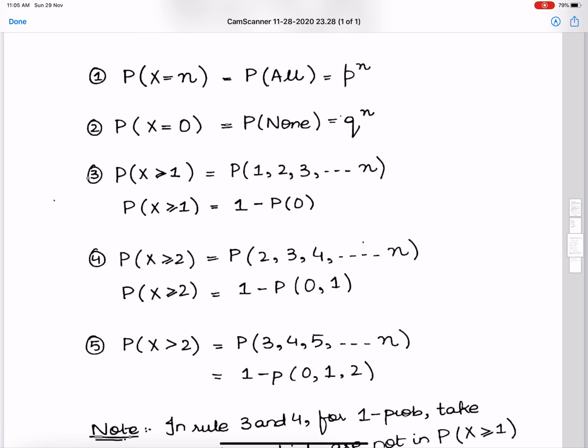Now, there are two methods. This one is the direct method. And obviously, this method will be very long. This will make your calculation very lengthy, and this will waste your time, in fact. And this is the indirect method.